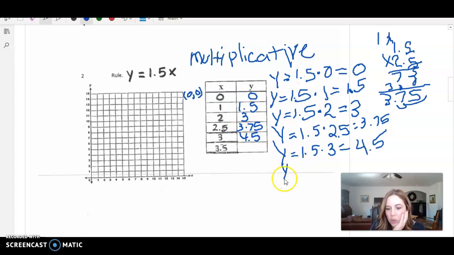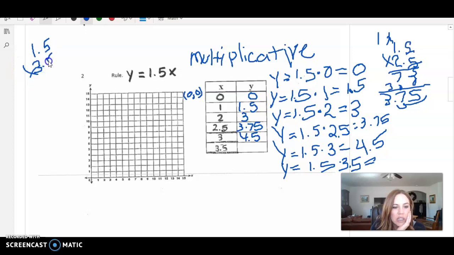Then we can do y is equal to 1.5 times 3.5. And that is going to be, I'm going to have to do that math over here, times 3.5.